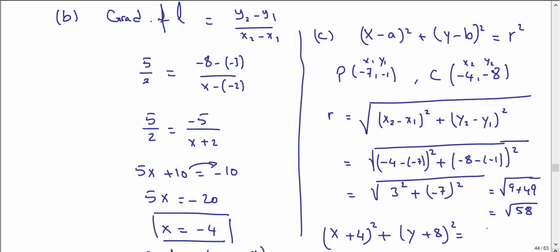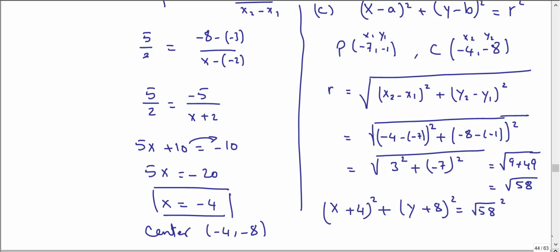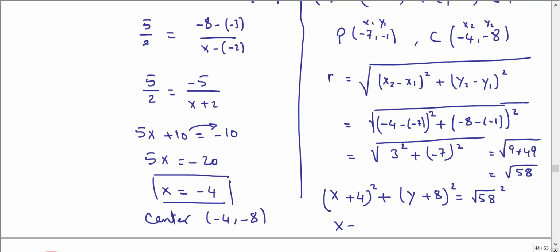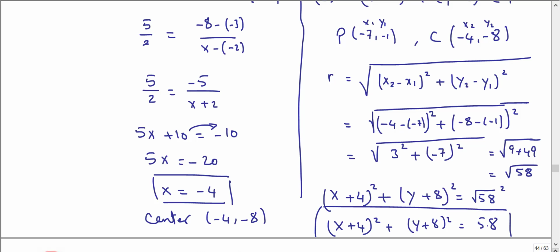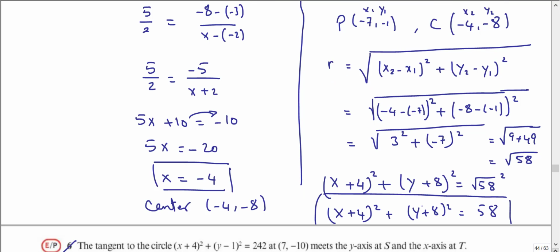So equal the root 58 squared, so the root will cancel. Are you following? Yes, sir. Equal 58. This is the equation we need.